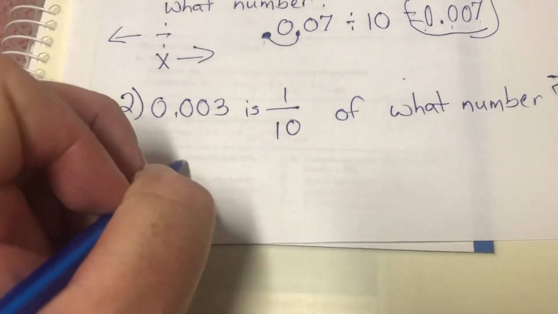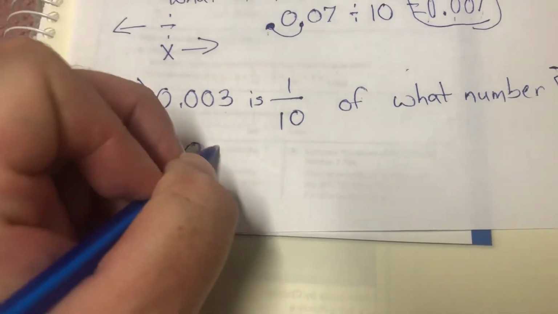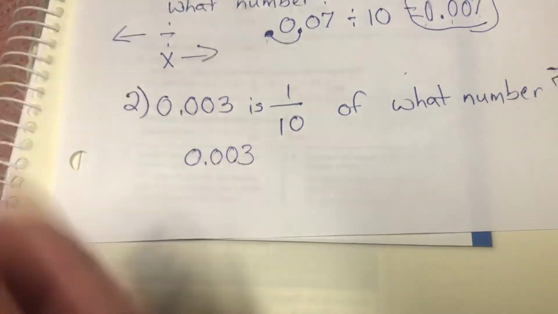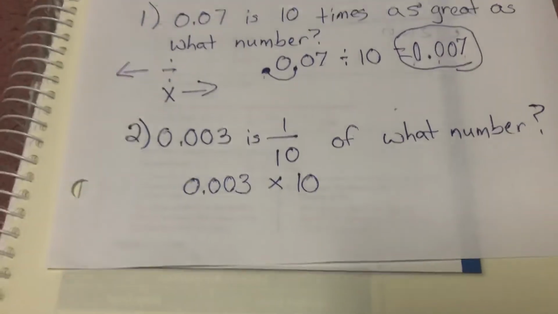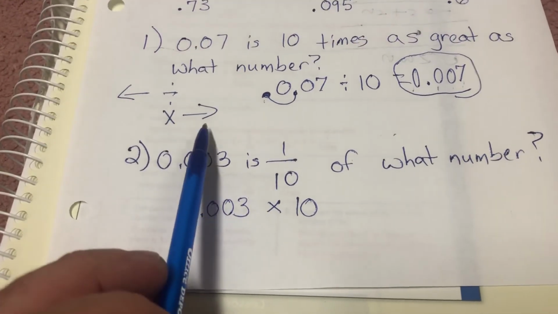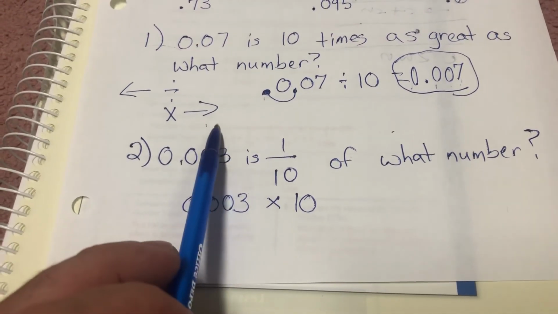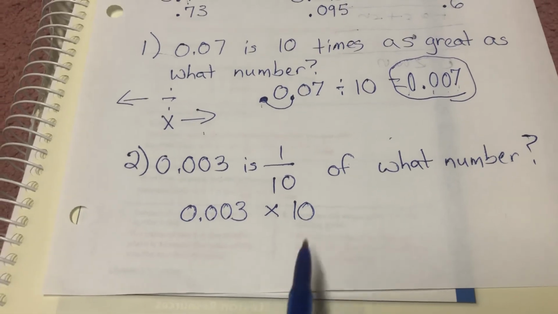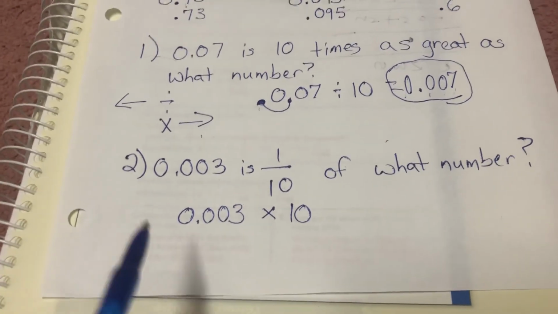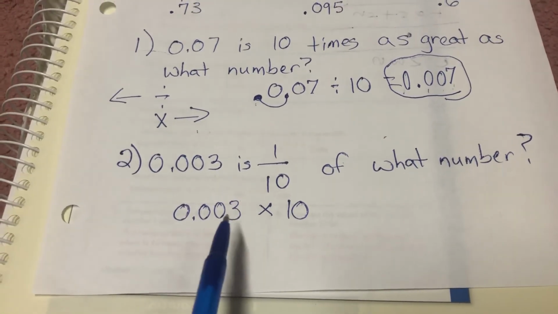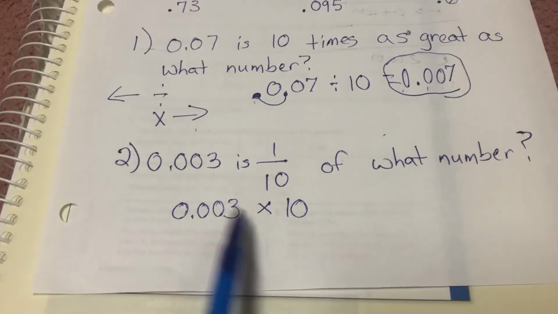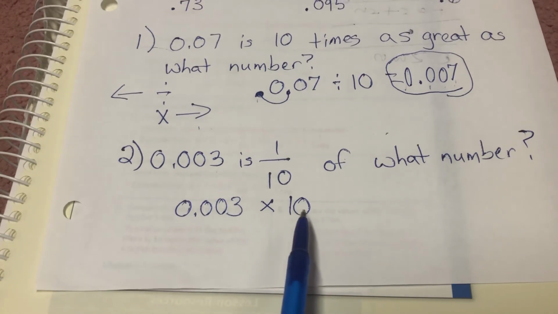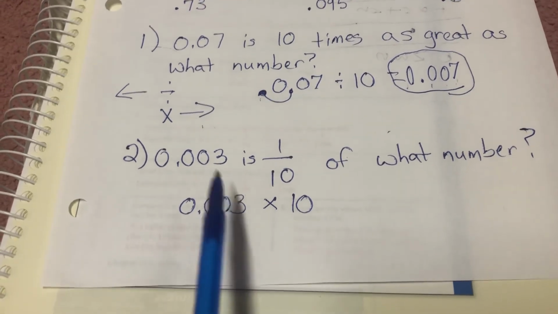So essentially what I'm doing is 0 and 3 thousandths times 10. And since I'm multiplying, I'm going to move the decimal to the right. Remember, when I multiply by 10, 100, 1,000, 10,000, and so forth, all I'm doing is moving the decimal. What's important is to keep track of how many times we move the decimal. Well, in 10, there's just one 0, so I'm going to move it one place.